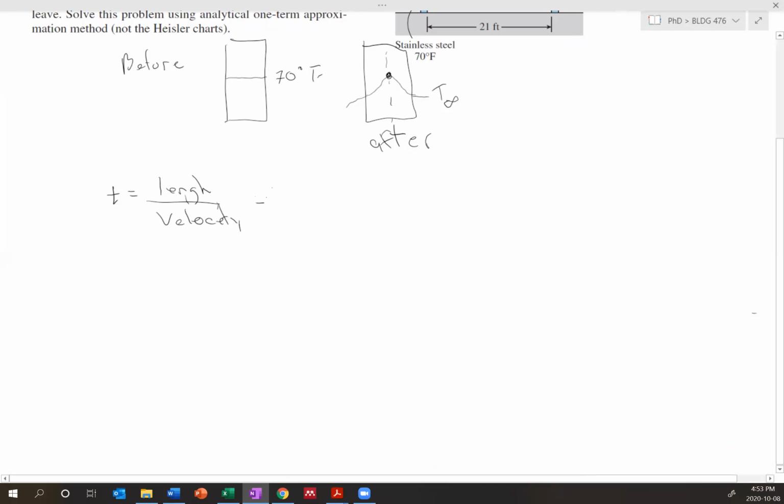This is equal to 21 feet over 7 feet per minute, which is 3 minutes, which is 180 seconds.